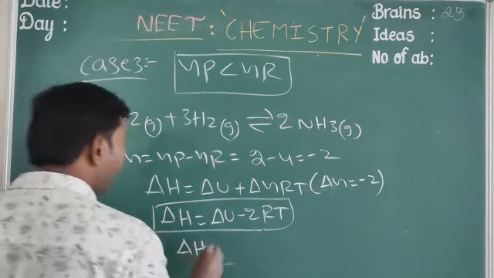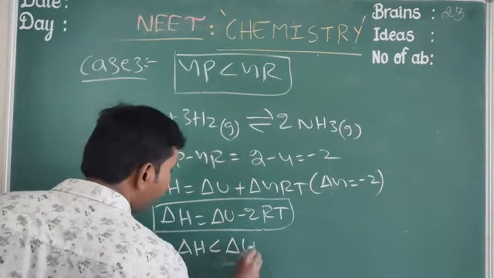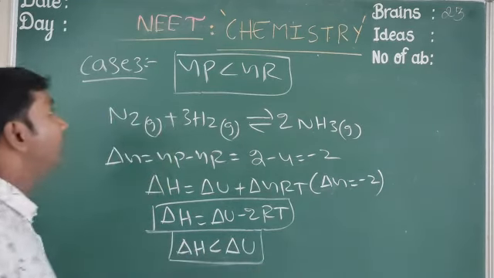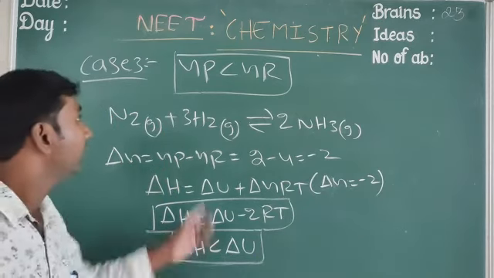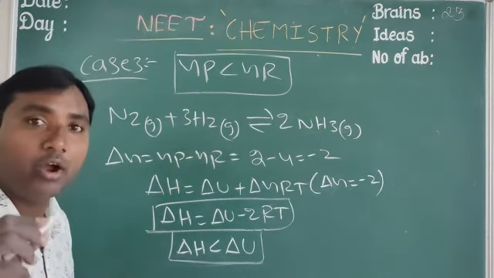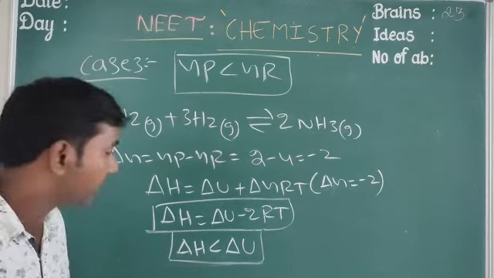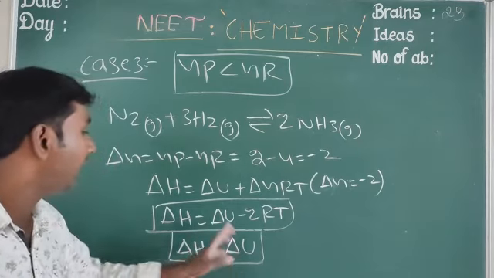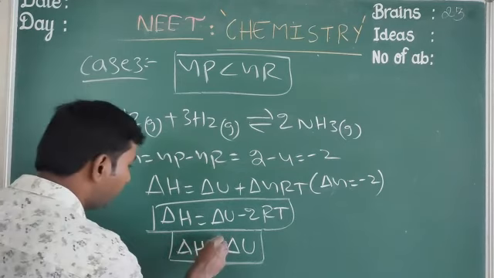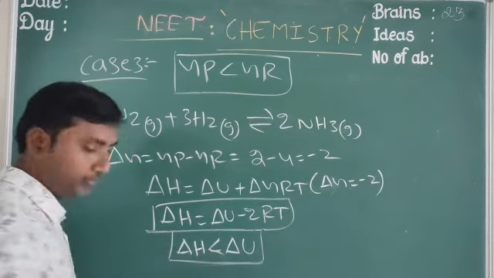That's why ΔH is less than ΔU. So in those reactions where the number of moles of reactant is more than the number of moles of product, ΔH is less than ΔU.